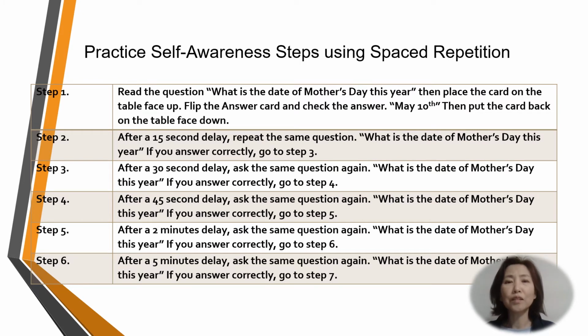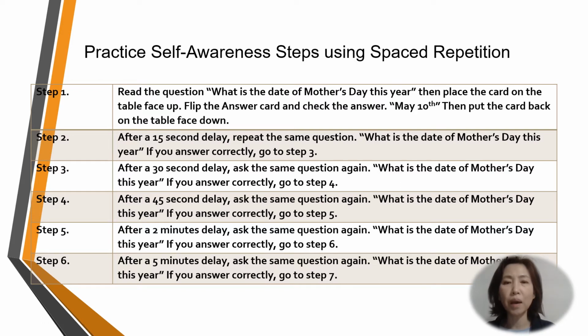Now we are ready to play the game. There are many steps, so it might look very complicated, but it is a simple game. I will ask the same question each time. Then you answer when the timer ends. After you answer, I will set the timer again, at a little longer interval.